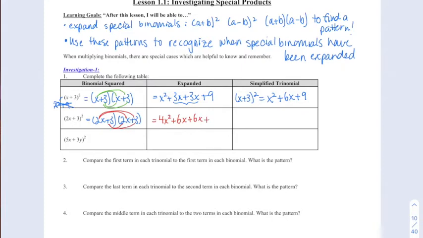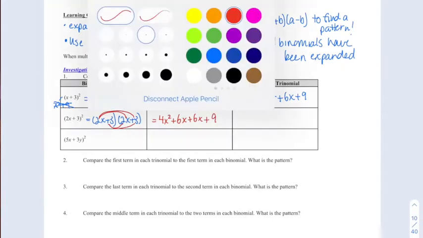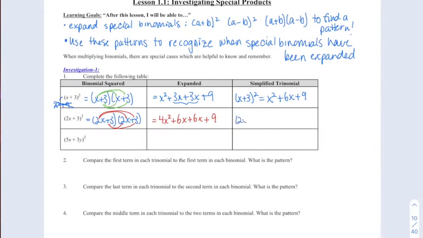And 3 times 3 is 9. Hopefully, you're starting to see a pattern. And that pattern is that the middle two terms are always the same and they always add together. They're always like terms.